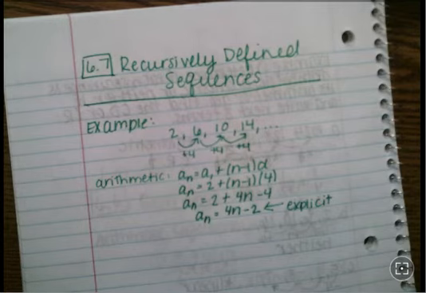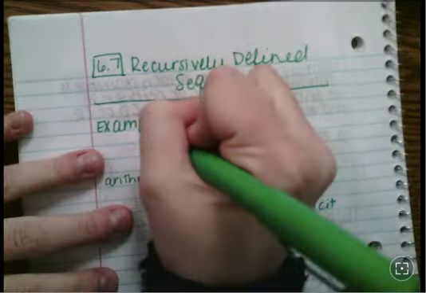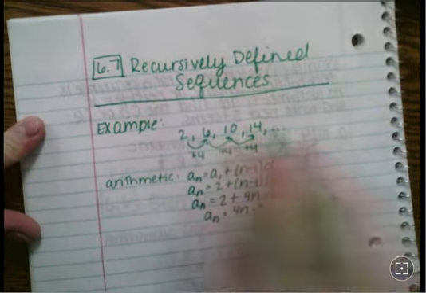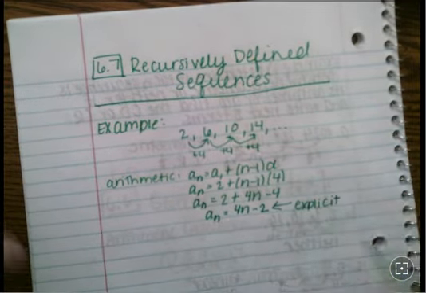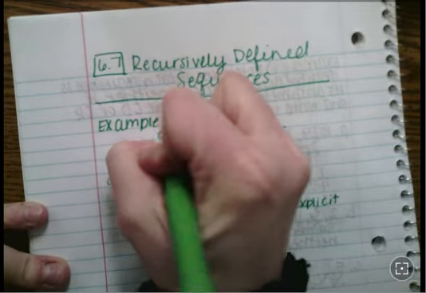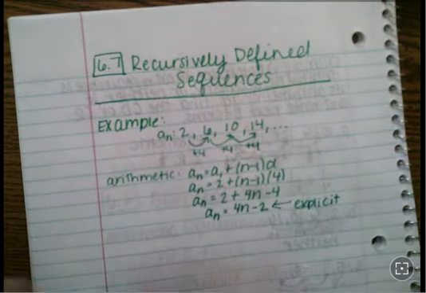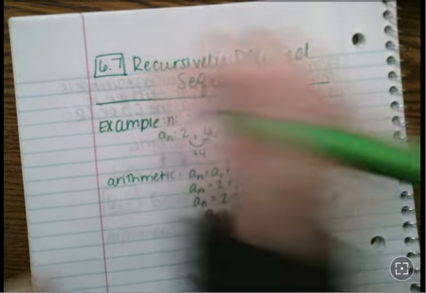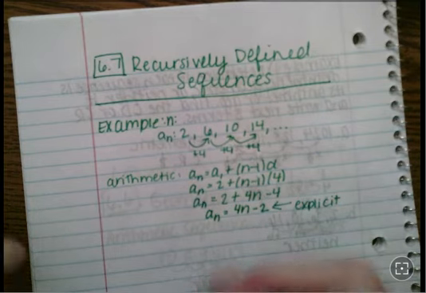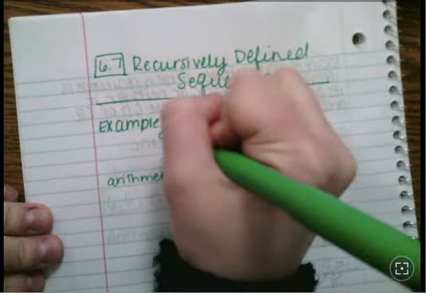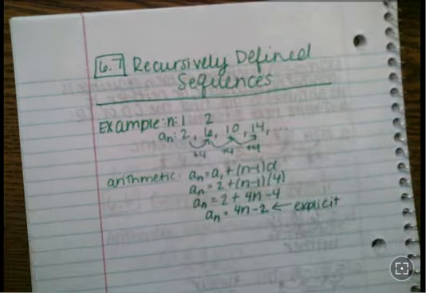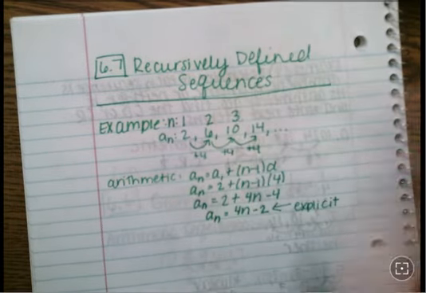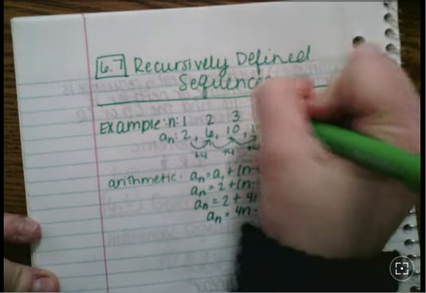The second thing we need to talk about is this notation. Even though these have values, we said that this was a sub n, and n is the position of each term. So the first term is 2, the second term is 6, the third term is 10, the fourth term is 14.